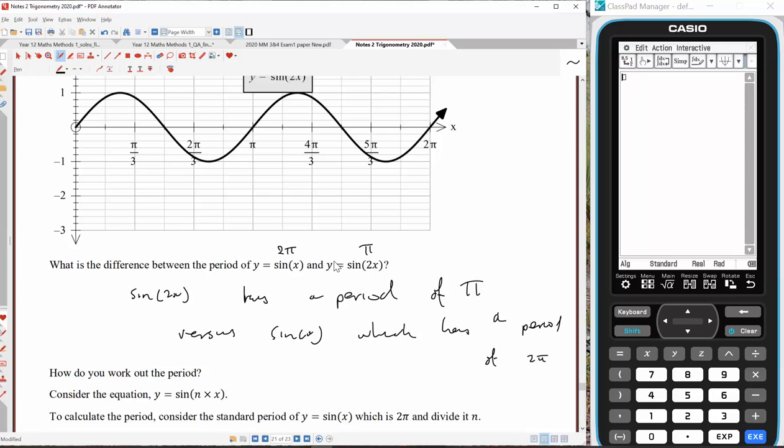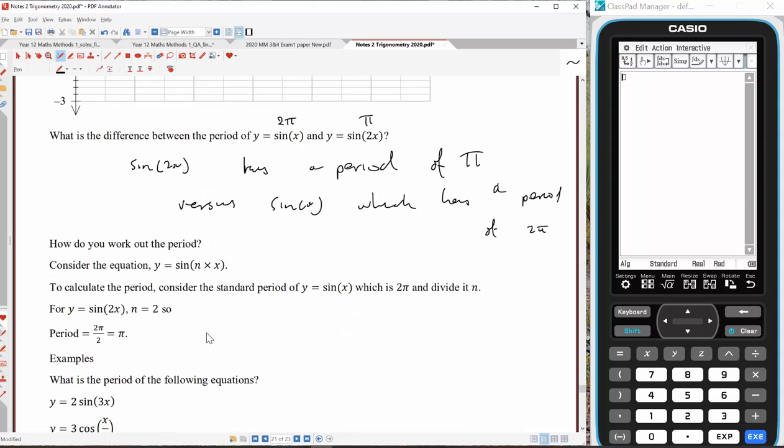So intuitively, you might think that by putting a 2 there, that will basically double the amount of repetitions, but it actually works a little bit counterintuitively. So here's how we work out the period for any trigonometric function.